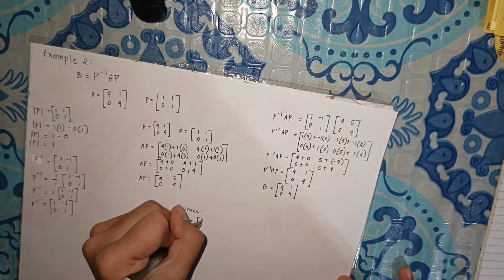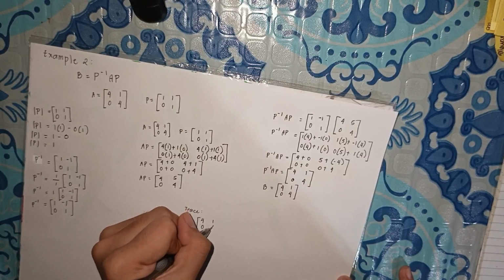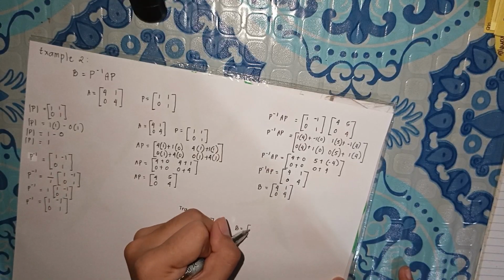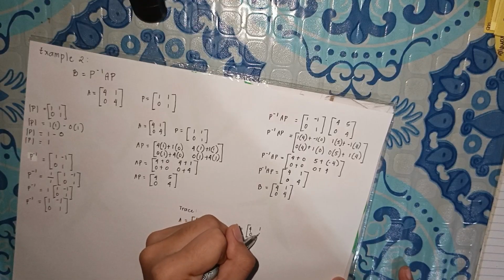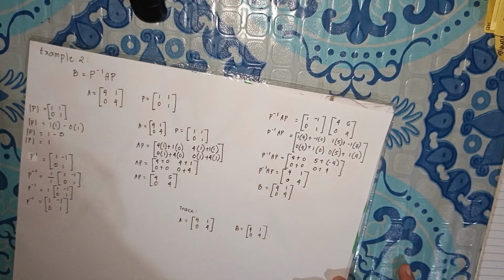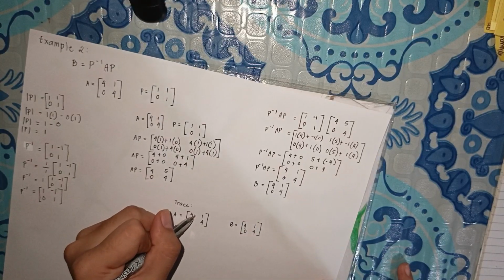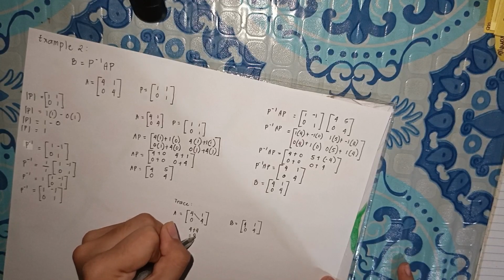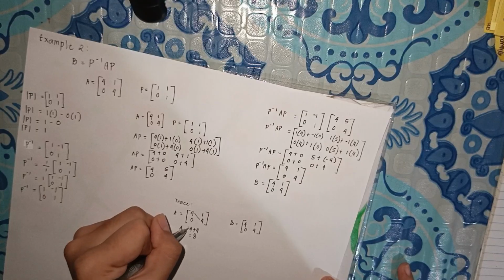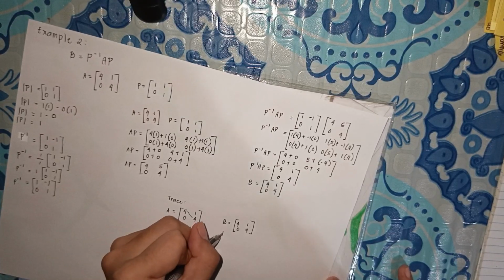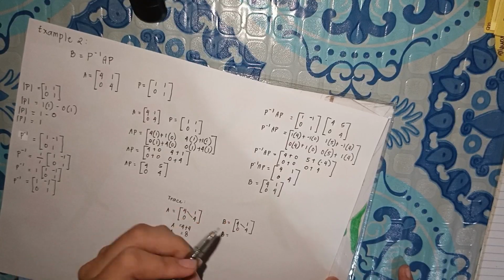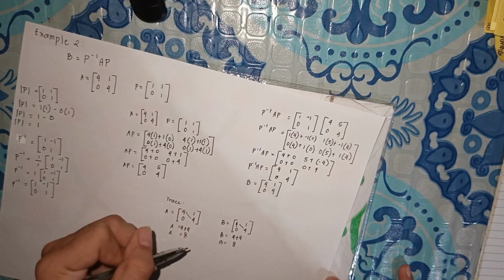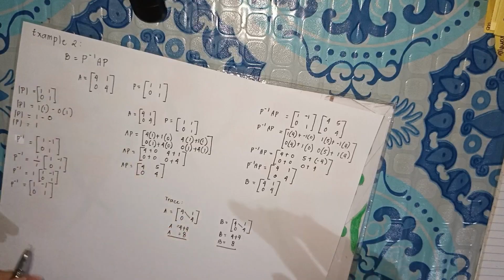Matrix A is 4, 0, 1, 4. B is equal to 4, 0, 1, 4. Let's check. So, we add the diagonal. 4 plus 4 is equal to 8. Then, for B, 4 plus 4, B is equal to 8. So, A and B are the same.